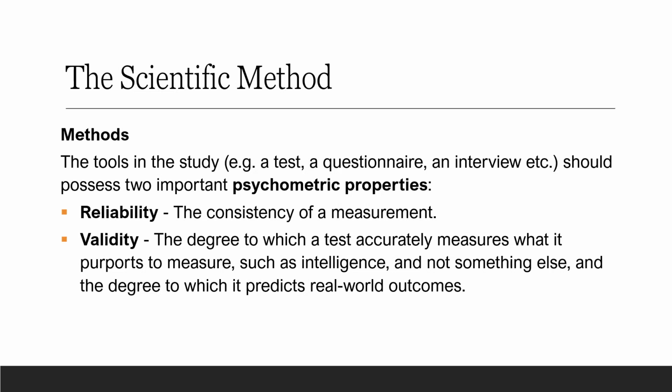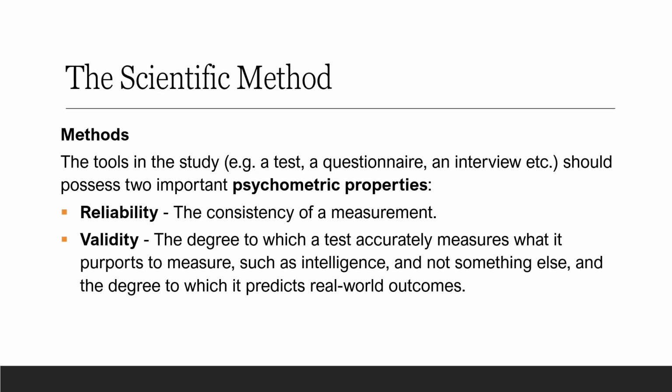Okay, so now you will have more of this when you study psychological measurement or psychological assessment or psychological testing, but as an introduction, in the context of research, a reliable tool is a consistent tool. It means that if today you are extroverted according to the test, then 10 days from now, 2 weeks from now, you should still be extroverted.